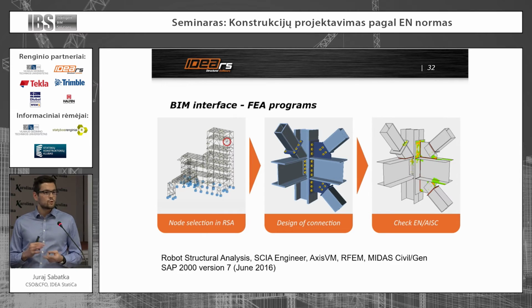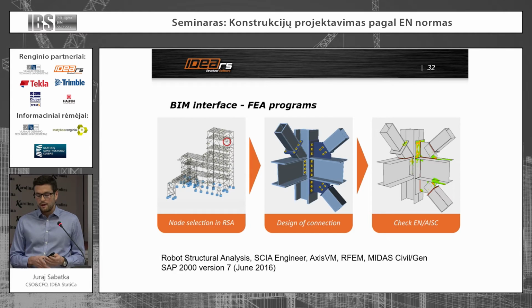There are two groups of programs that we work with. First are finite element analysis programs, an example here being Robot Structural Analysis, and it's the same with others. You select a node in that program, you use a plugin or a command, and you export geometry and loading.